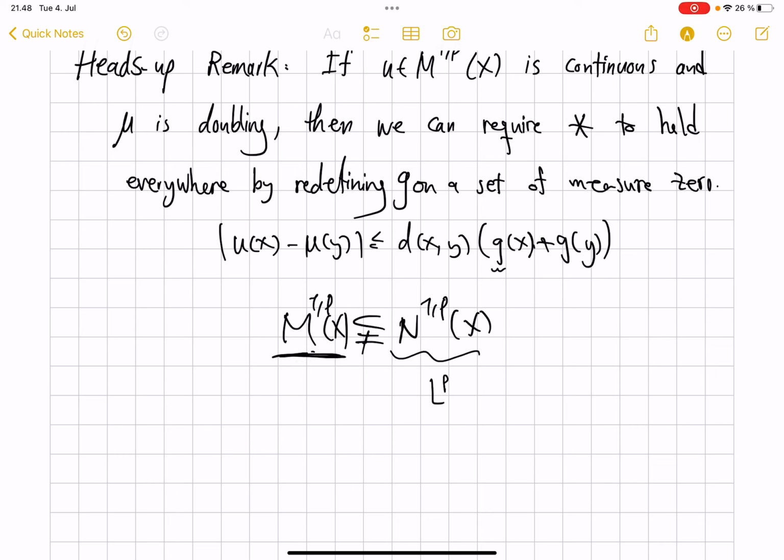But this is those L^p for which there is another L^p function g satisfying this. So this is much smaller, much more refined. You have no Poincare inequalities for this, but you do have for them. So that's also an example showing why this class can be better than the larger Newtonian class that we will define later.